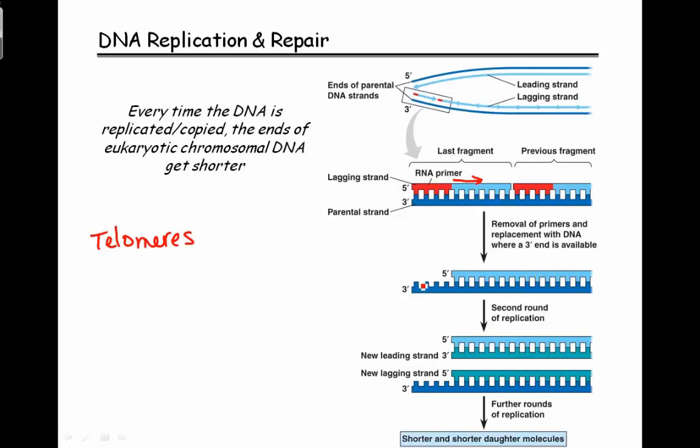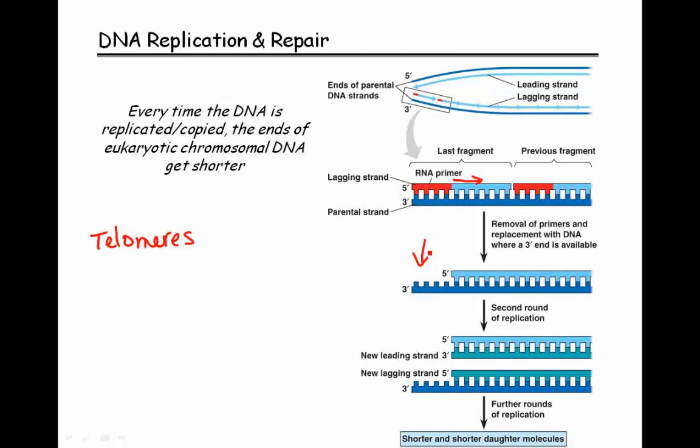Well, we can remove the primer that was on the end right here, but the problem is, how do we fill in that area with new DNA? Because the DNA polymerase is incapable of adding on to a 5' end of DNA. And we don't have anywhere else that we can add a primer to extend and fill in that gap.